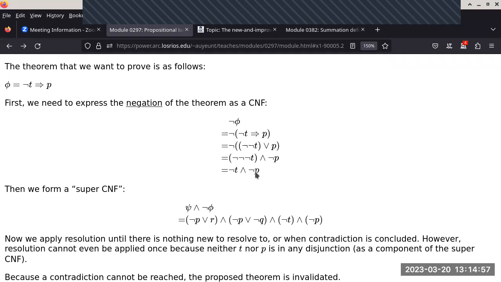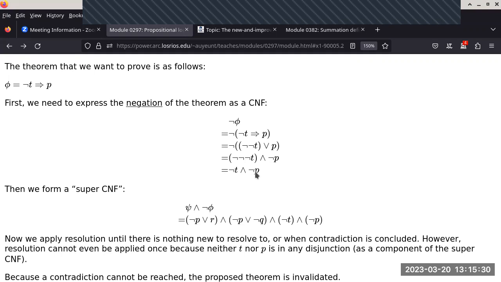You can imagine that not T has an imaginary friend of false, so we have not T or false. Not P also has the same imaginary friend, so not P is really not P or false. Not P or false is definitely a disjunction, and not T or false is also a disjunction. So yes, we do have a conjunction of disjunctions. Is that okay so far?